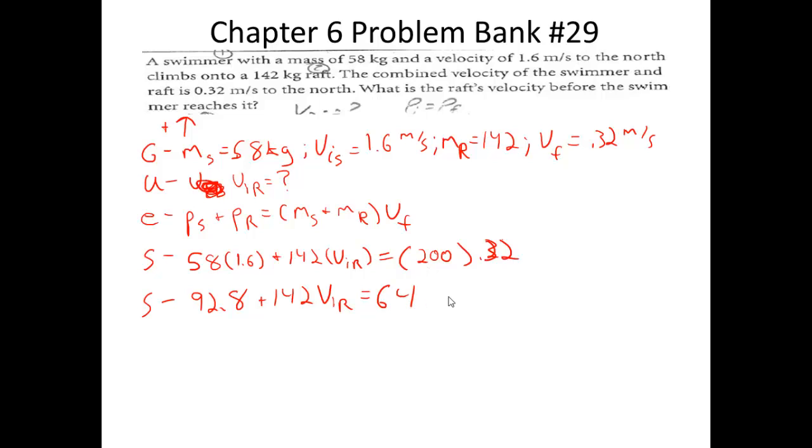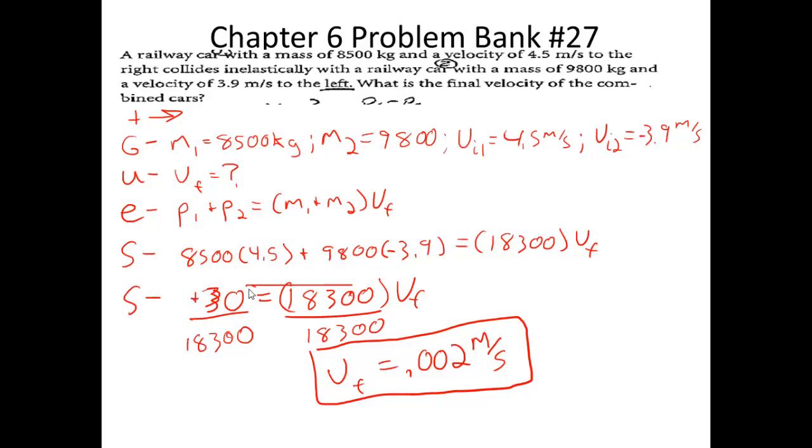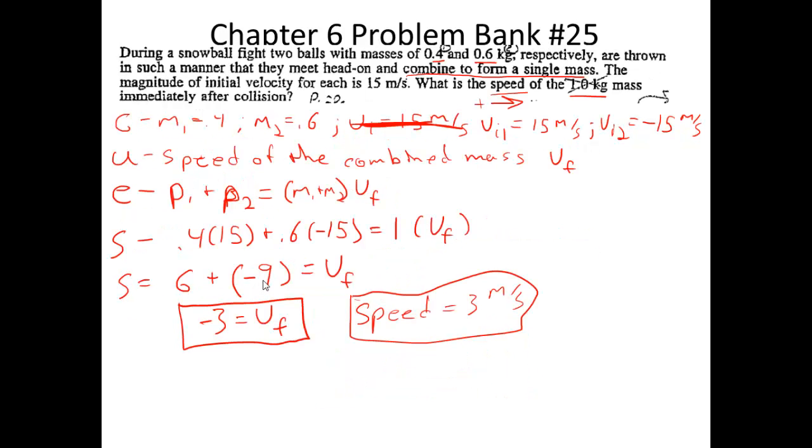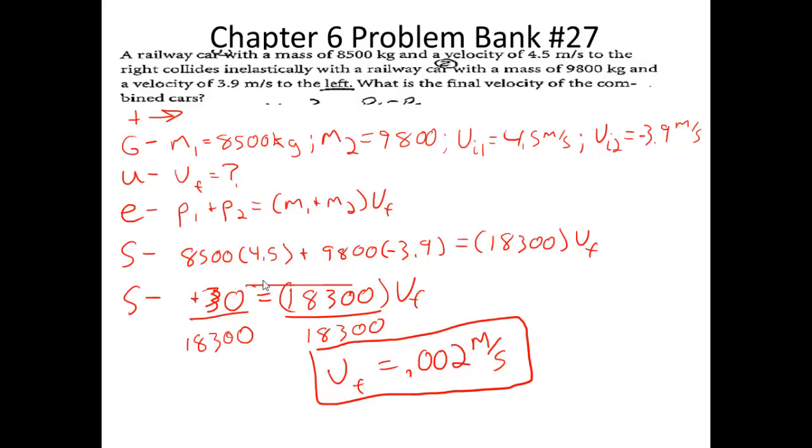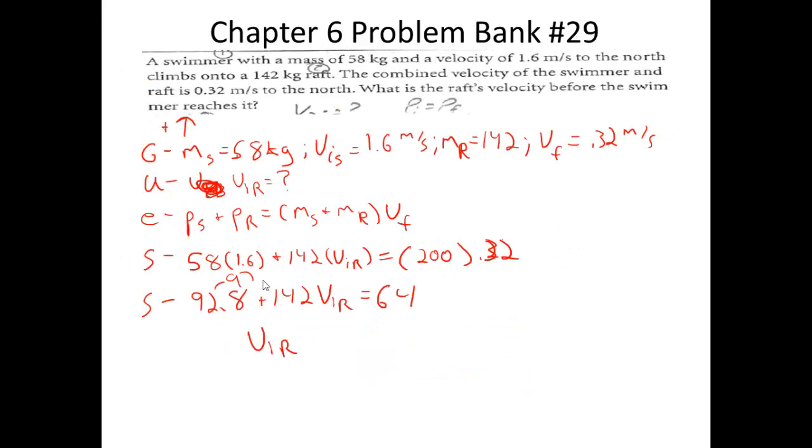Solving for V sub IR, we're going to subtract 92.8 from both sides, and we're going to divide by 142.